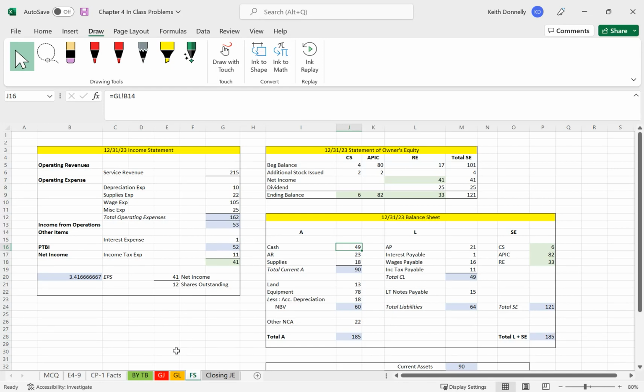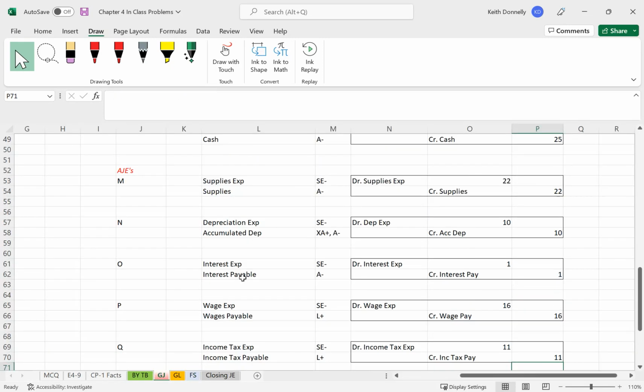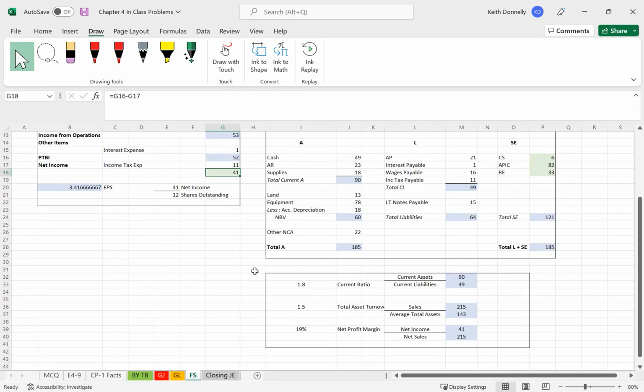In practice, if you just do the journal entries, everything else will auto-populate. If you see a light blue cell, that means it's a summary tab, some type of total where you're adding or subtracting things. A light green means it transfers over from one account to the next.